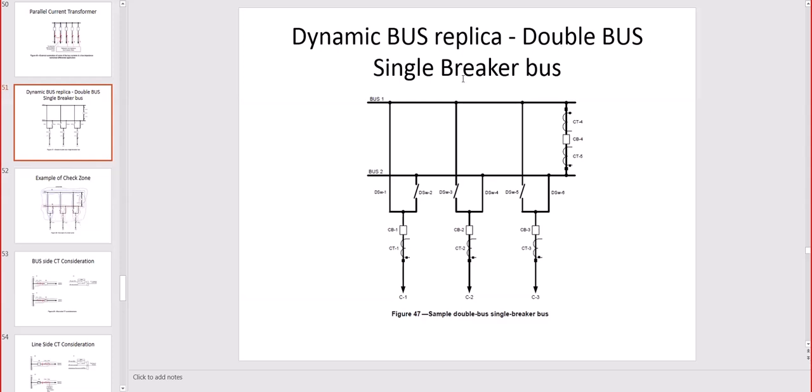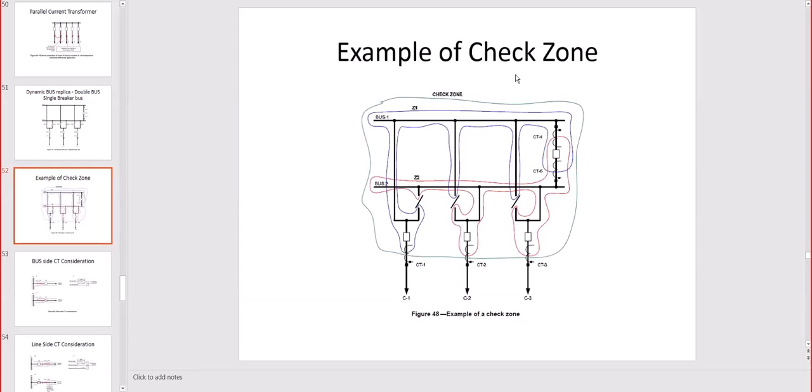Bus replica, double bus, single breaker. So here we got the transfer through the CB4, right? So this is when you have a dynamic change and the zone change, and you can take care of that with different settings for different zones to incorporate that in your logic and change even the settings based on the switching of the power. Example of this zoning change is here.